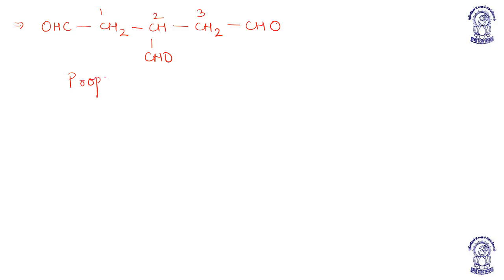So it is propane 1, 2, 3. Okay, it is done to give identical treatment to all aldehyde groups. Understood? So this is the IUPAC.